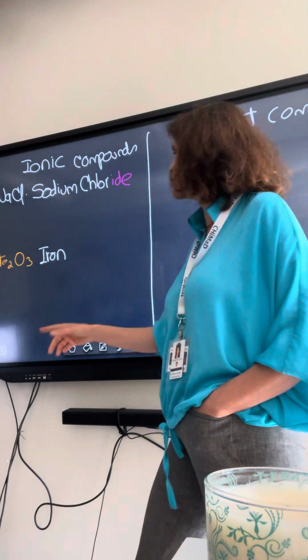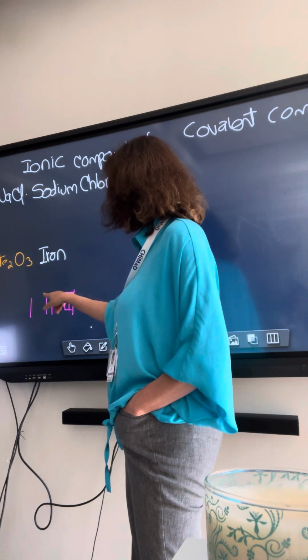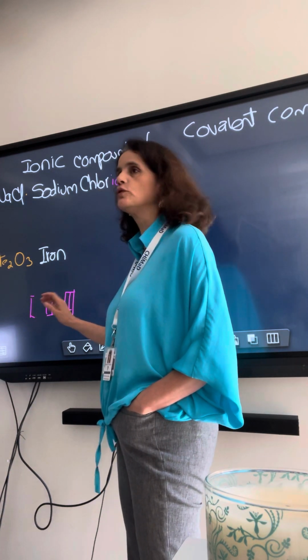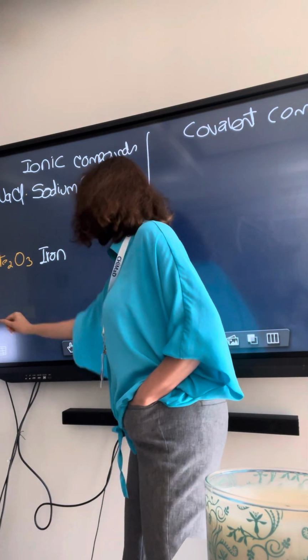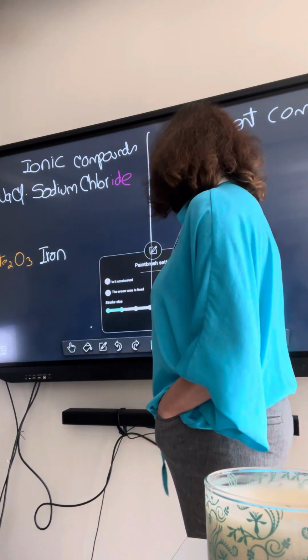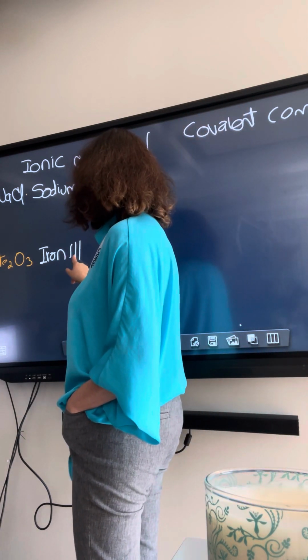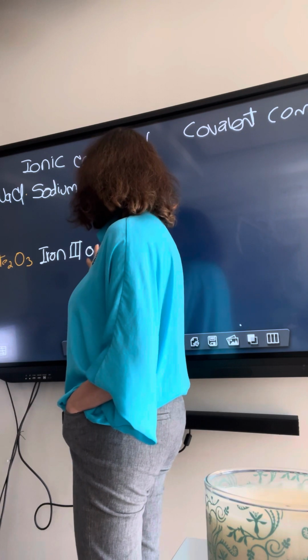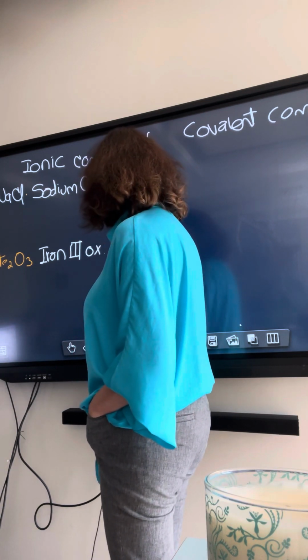You need to know your 1, your 2, your 3, 4, 5, all of those. Everybody knows them? Okay, good. So it will be iron, and he's right, it's iron(III) oxide. Like I said, everything ends in -ide.